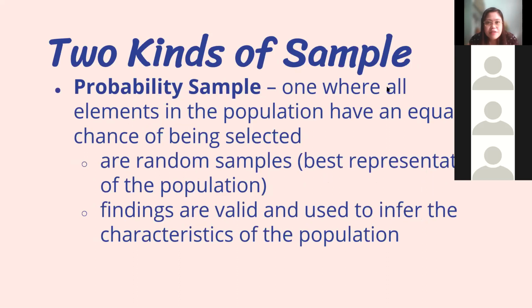Okay, so let's have a review of the two kinds of sampling techniques that we have. Remember the probability sampling. Ang pinaka tandaan lang ninyo pag makabati mo probability sampling is all members of the population have equal chance na maselect sa atong study. So meaning they are random samples kasi equal chance man atong gihatag sa ilaha.